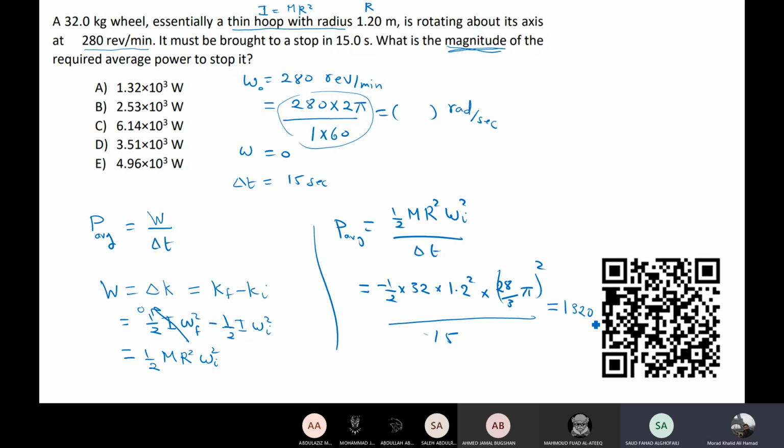This one? Yes, point 57. Okay, watt. Or it is equal to 1.3 times 10 to the power 3 watt.